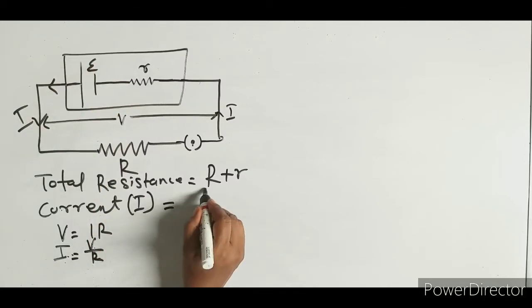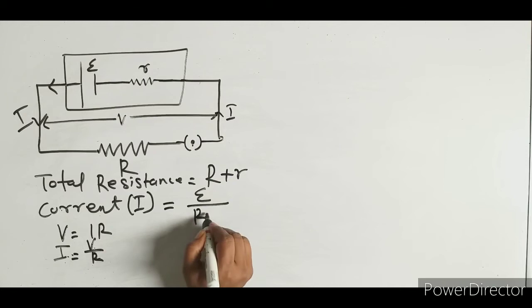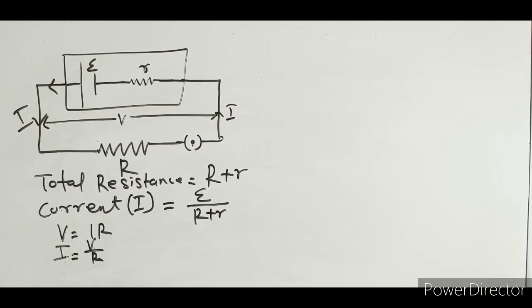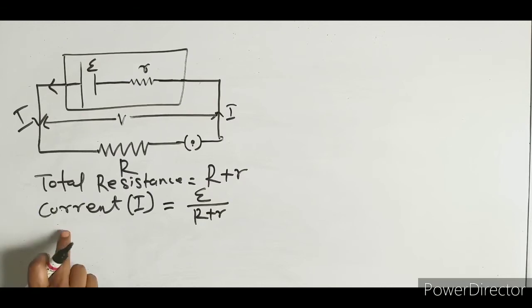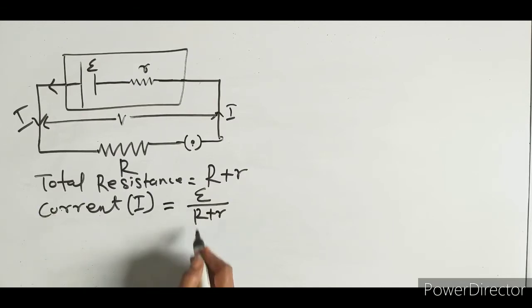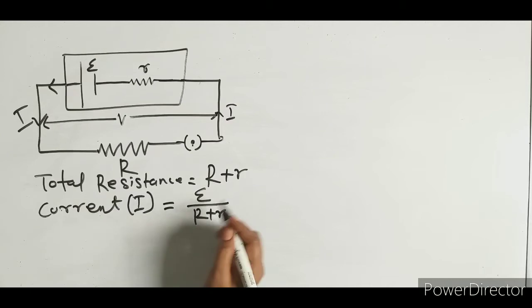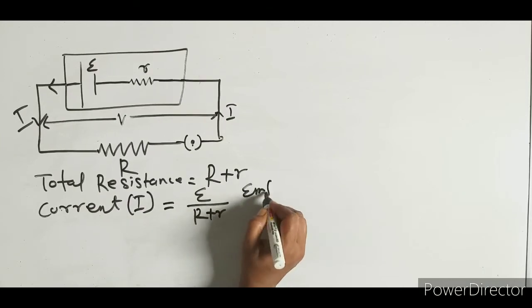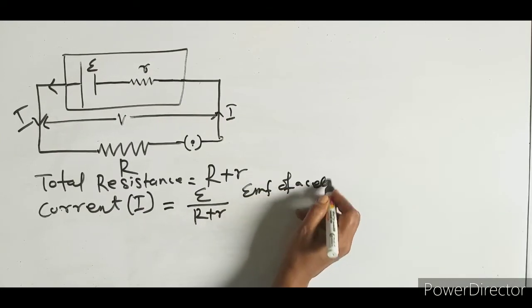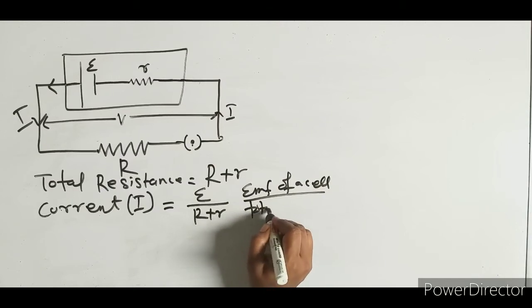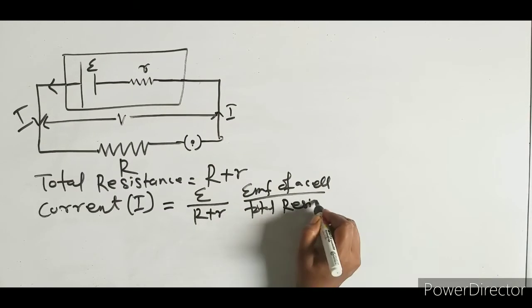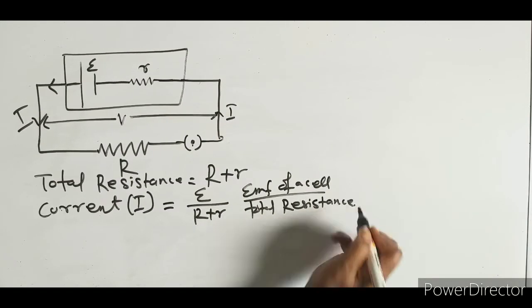So what will I write? E by R plus r. You have to keep this in mind and represent it. So I equals E by R plus r. Here E is the EMF of the cell, divided by the total resistance.